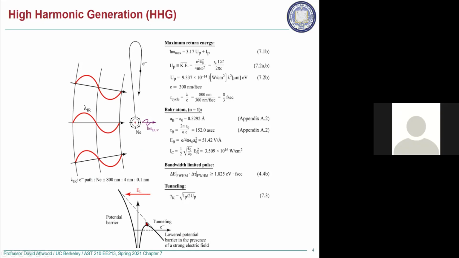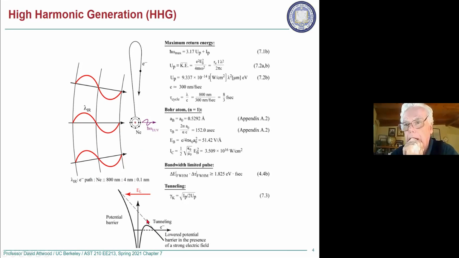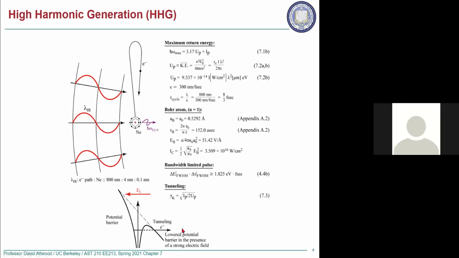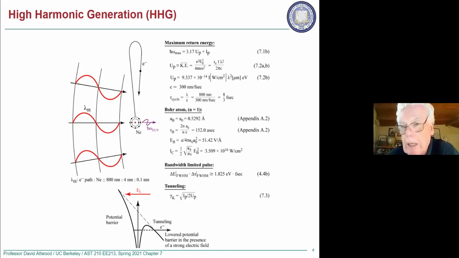Professor? Yeah. I have a question. After the electron recombines with the atom and it generates the EUV, at that instant there is still the IR laser coming in, right? It's still coming in, so the process continues, yes.